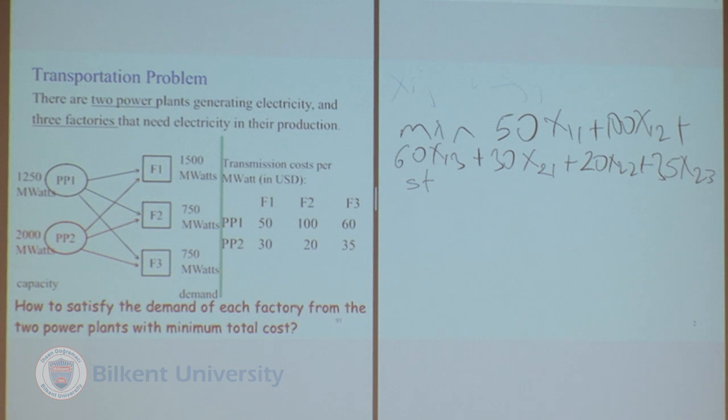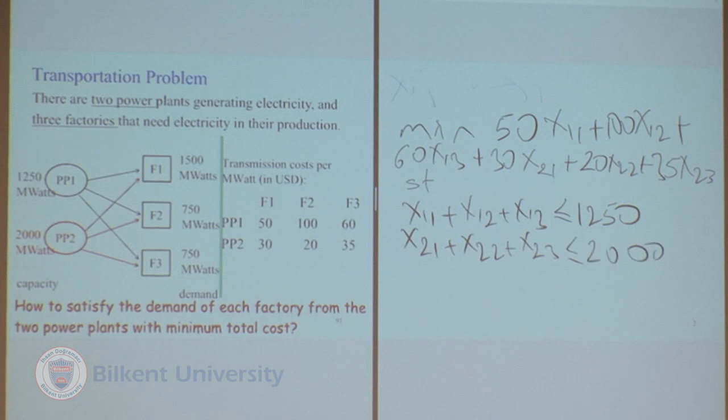X11 plus X12 plus X13 less than or equal to 1,250. Yep. I cannot send more than this. A similar constraint is to be written for power plant 2, which is X21 plus X22 plus X23 less than or equal to 2,000. Correct?